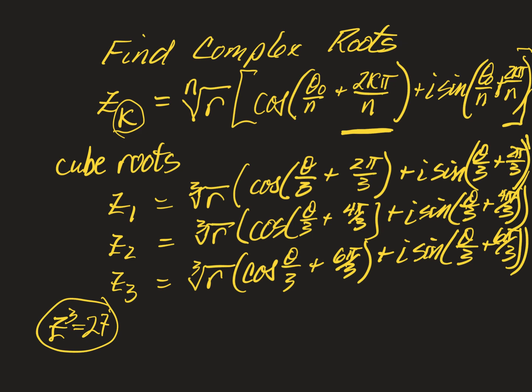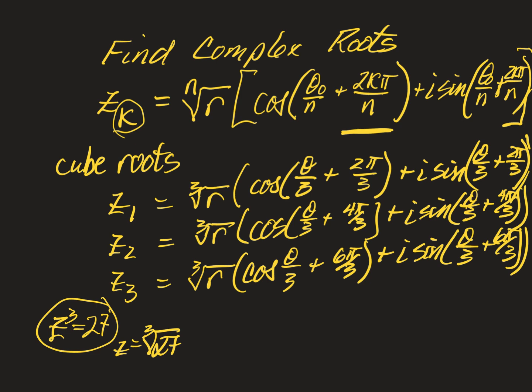What I'm doing is saying z equals the cube root of 27, so I want all the complex cube roots of 27.